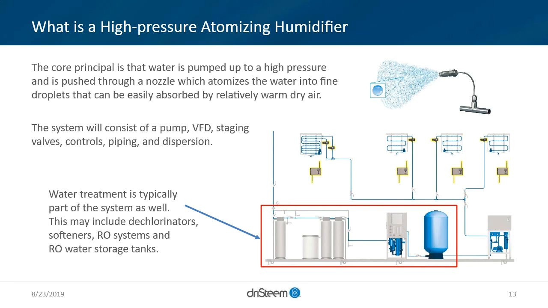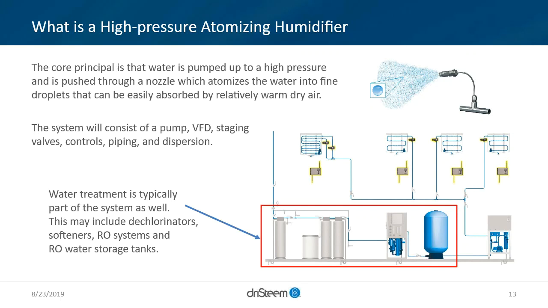This can be done to several different zones or stages. But this system really consists of that pump, a VFD with a pressure sensor to maintain that outlet pressure regardless of the demand, and then staging valves to then allow you to have that controllability at the end user, whether that's in an air handler, in a duct, or in an open space.